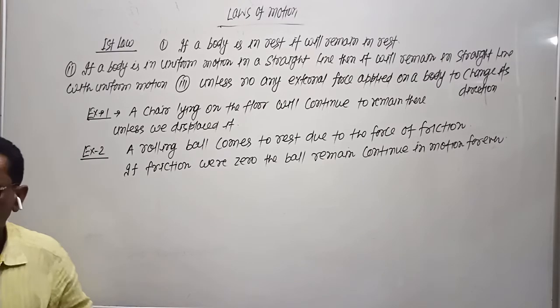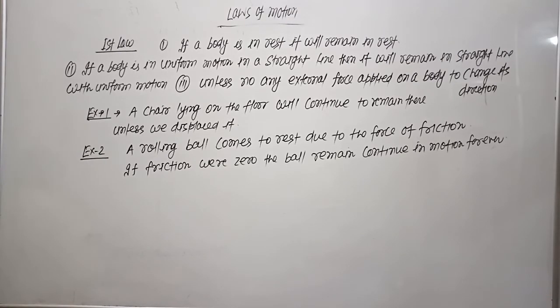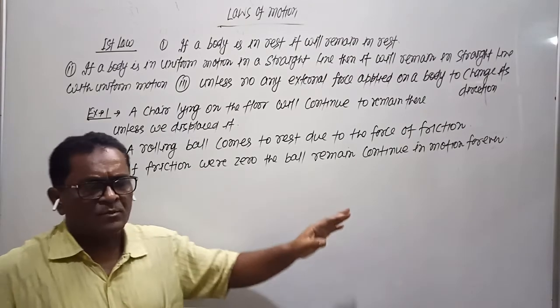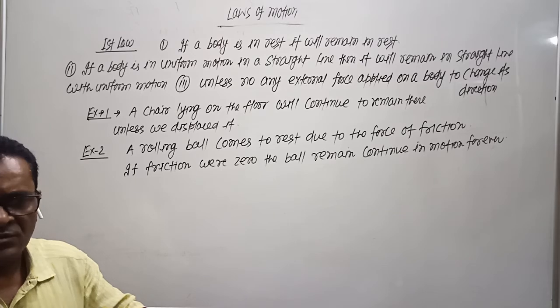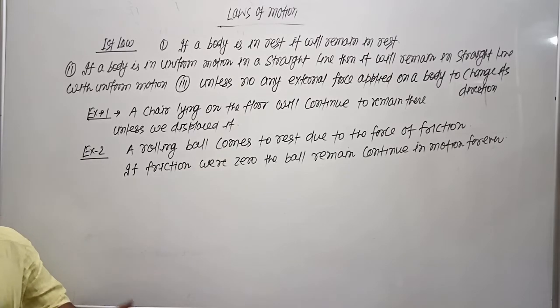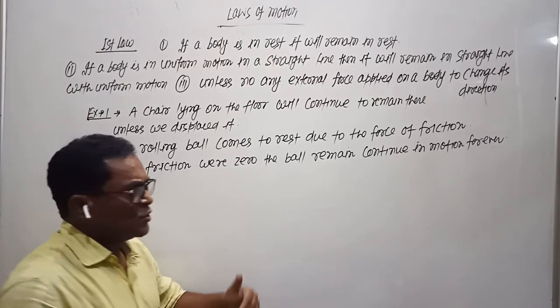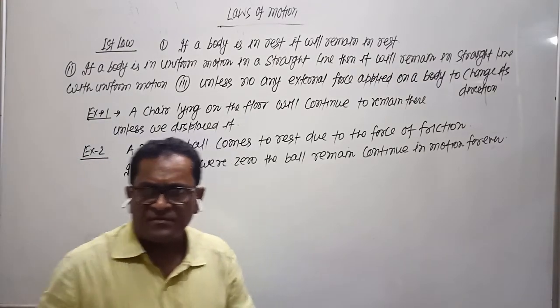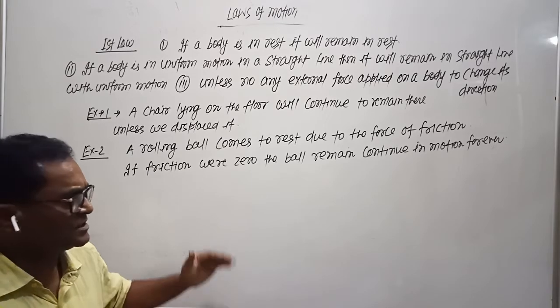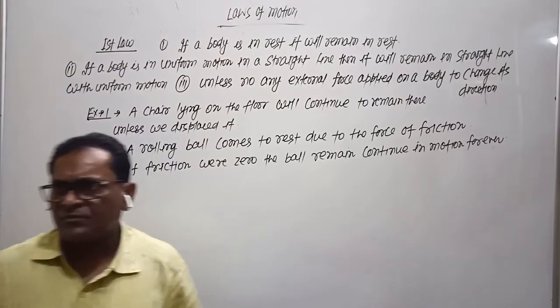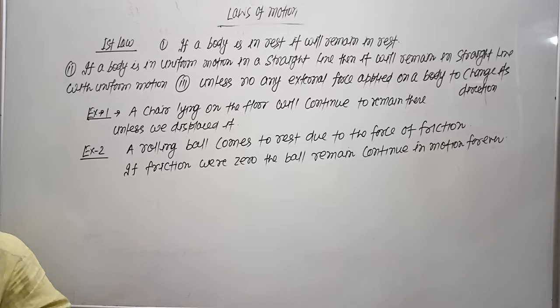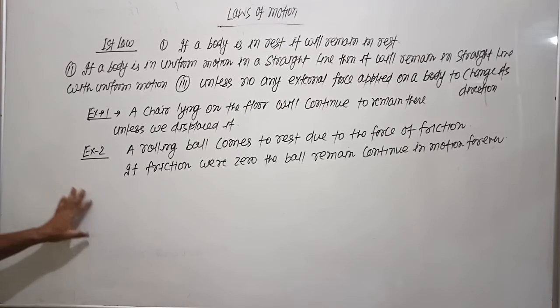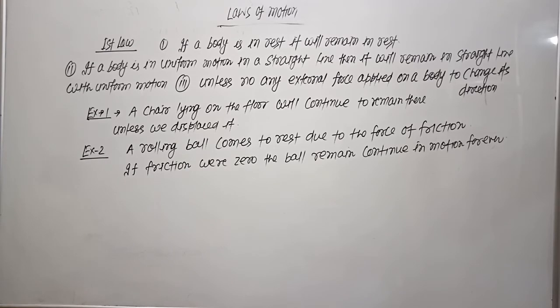If the force of friction doesn't act on a body, then it will remain in motion forever. So force of friction is the applied external force. And if we remove the force of friction, or if we apply an external force in a direction opposite to the force of friction, then it will continue in motion. So this is the example of the second part of the first law of motion.